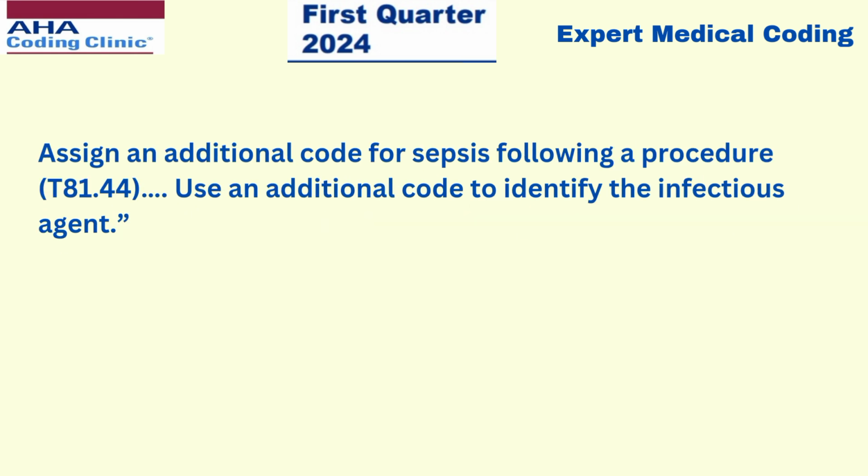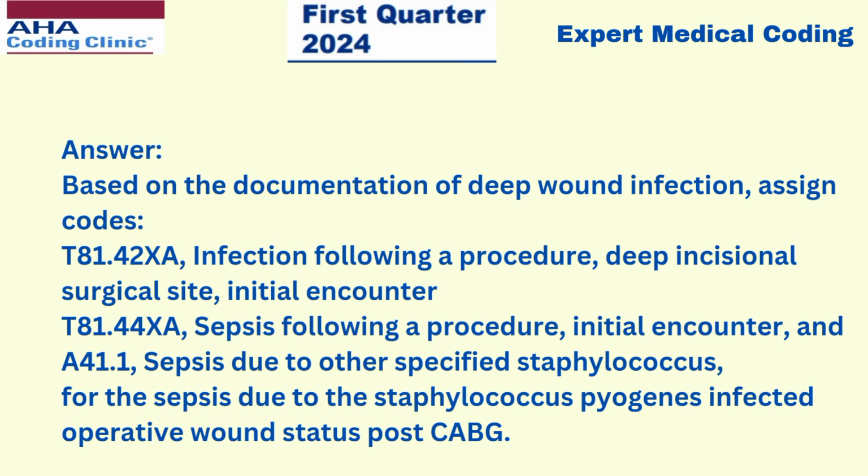After that, assign an additional code for sepsis following a procedure, T81.44, and after that use an additional code to identify the infectious agent. So based on this guideline, we have to assign 3 codes.